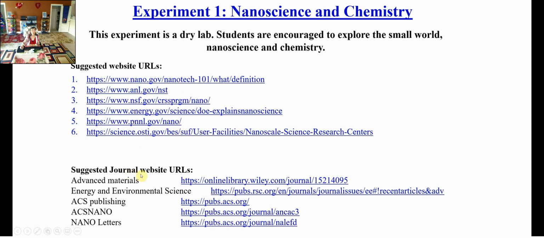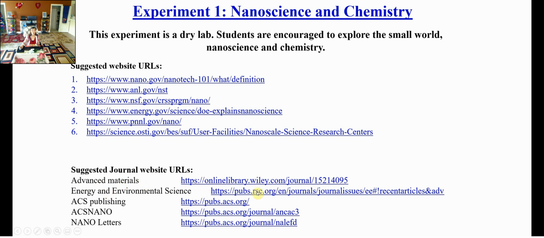And also there are several websites related to peer-reviewed journals. One of them, my favorite, is called Advanced Materials. The second one is Energy and Environmental Science. The third one is actually a publishing company, ACS Publishing. Advanced Materials is published by Wiley.